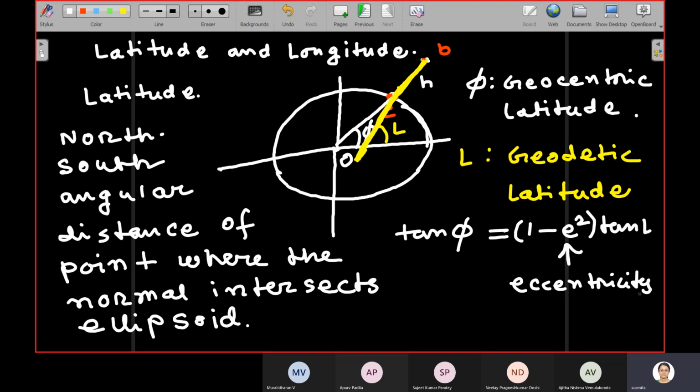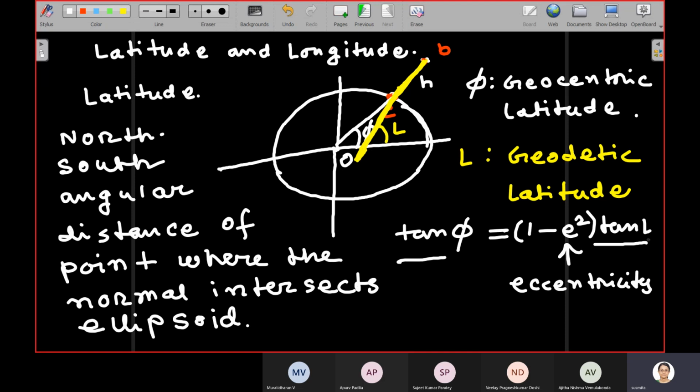So although eccentricity is not given, we can calculate it using the equatorial radius and flattening. And this is how the geocentric latitude is related to the geodetic latitude. In this class, we are interested in geodetic latitude, okay, not geocentric latitude. But we can always calculate the geocentric latitude from the geodetic latitude using this equation. Okay, so actually we are interested in geodetic height and geodetic latitude.